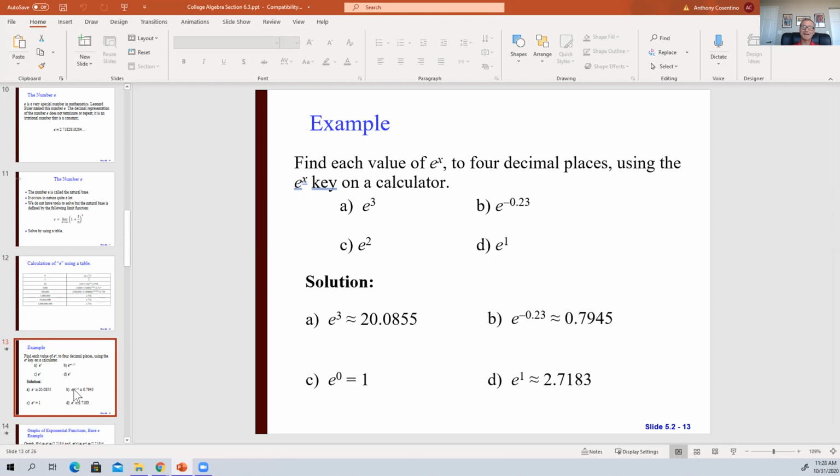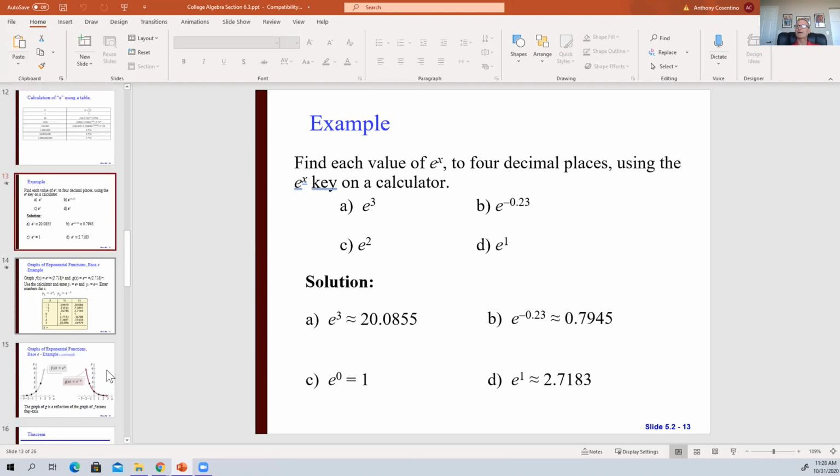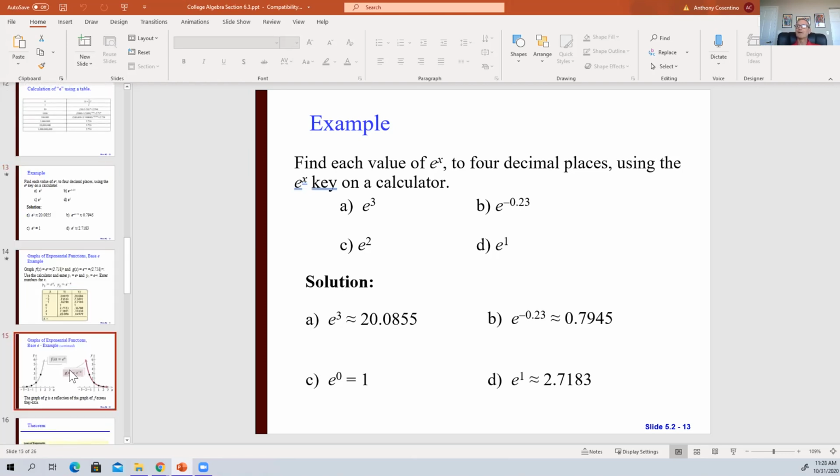Without a calculator, it's going to be really hard to do a lot of the homework and the calculations that we're going to be performing here. So practice. You'll see in these slides that there are some examples that you can compare. Each calculator is a little bit different, so I will let you do that on your own time.